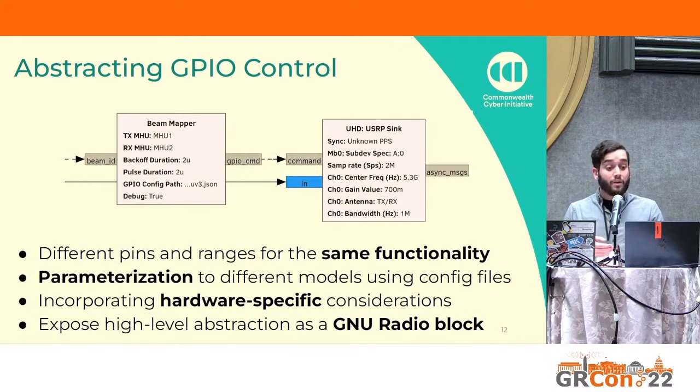And then you're free to go. In addition, it allows us to reconfigure the pins you're pointing for transmitter and receiver at runtime using asynchronous messages. And then, great, with this, you can basically start controlling your millimeter wave frontends within GNU Radio.